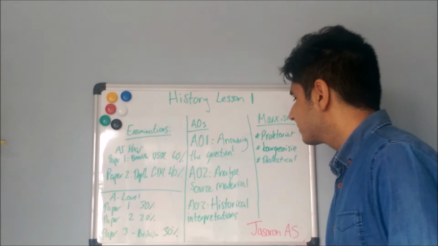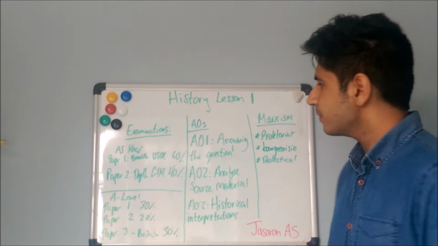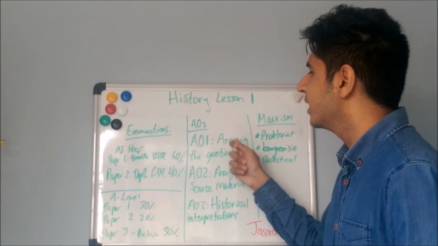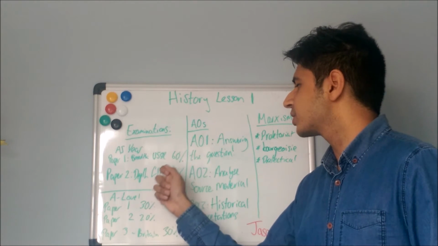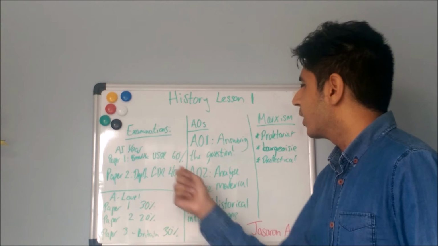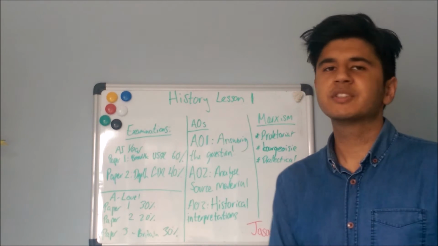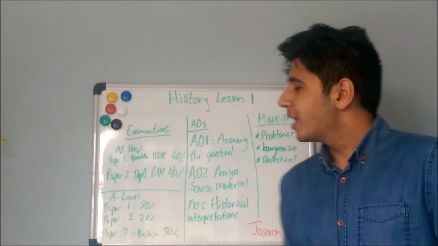Then there's AO2, which is all about analysing source material. Sorry, I didn't say, but AO1 is used for the first two questions of paper 1 and the last question of the GDR paper. They're worth 20 mark questions, generally the AO1s, because they are the longest and perhaps the trickiest.